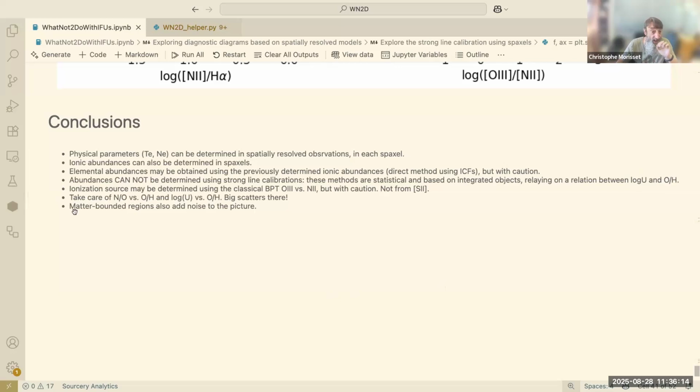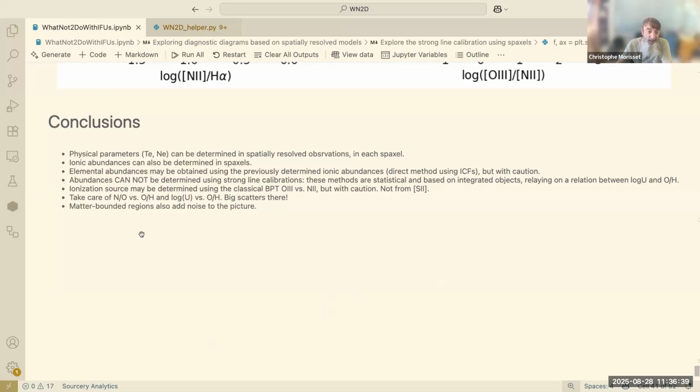Okay. Ionization source may be determined, I mean OB stars, shocks, etc., based on the BPT, but with caution. My models have a fixed N over O relation, so even the classical BPT may be shifted a little bit with N over O, but it seems that the upper limit envelope is conserved.